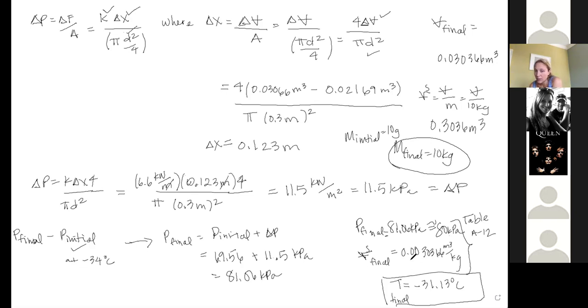So we definitely need it to be 0.0036, because this is much closer to the saturated liquid region. There's another reason we need it that I haven't gone over yet.